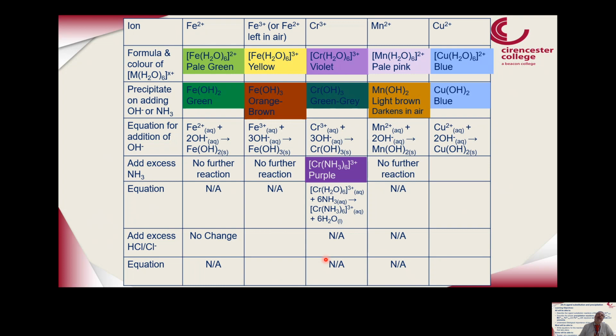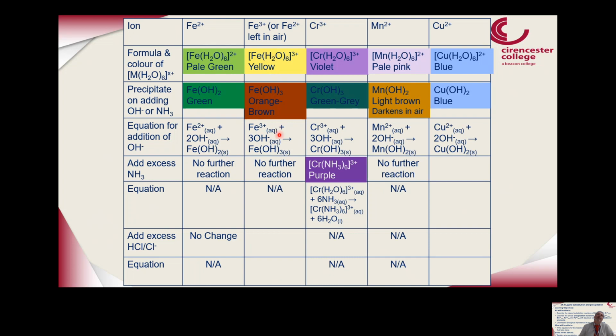We can see that if we take, for instance, hexaaqua iron 2, if we add hydroxide, eventually we'll make iron hydroxide solid, and its color will be green. This only will happen once it has gone through and replaced all of the aqua ligands.